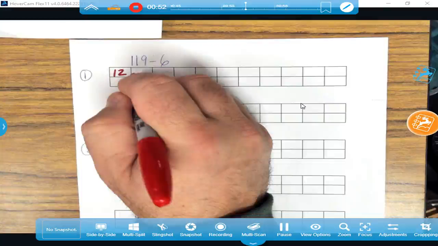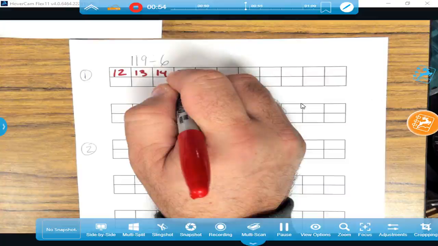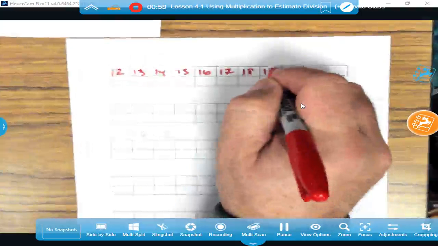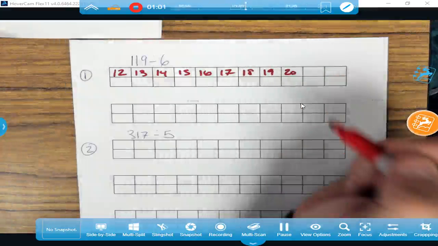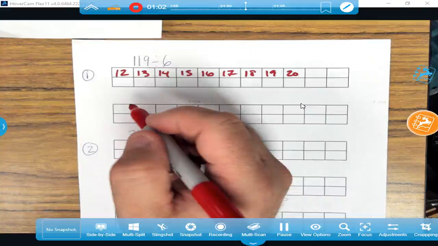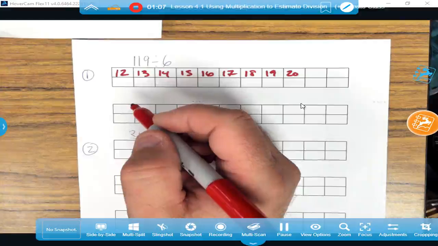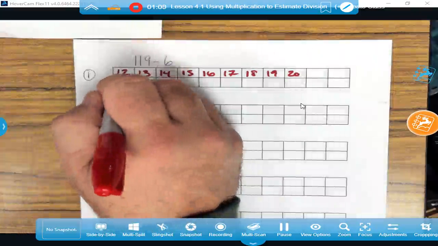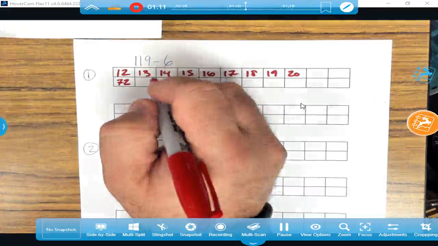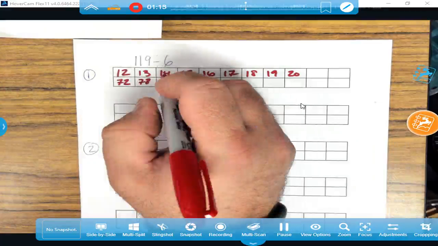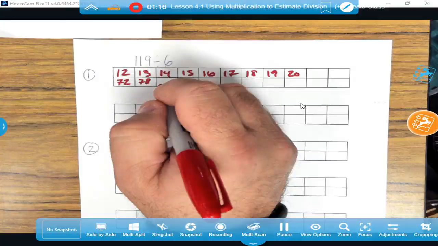I'm going to put 13, 14, 15, 16, 17, 18, 19, 20. Okay? So we know that 6 times 12 gives us 72. Then we can go to 78. 6 times 14 is 84.